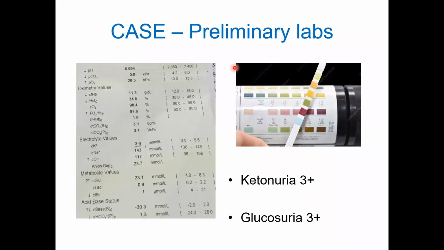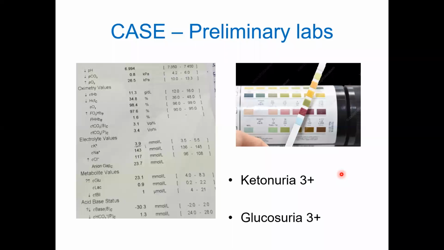Other parameters to note are a normal potassium of 3.9 and a sodium of 143, and an elevated chloride of 117. There was an anion gap of 23.7, and her blood glucose was 23.1. Lactate was normal. A dipstick urinalysis was done, and she had a large ketonuria of 3+, and glucosuria of 3+.